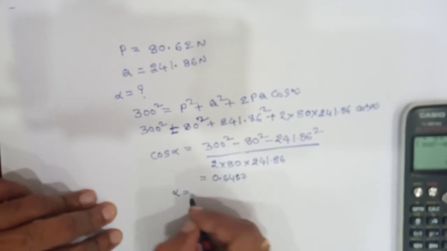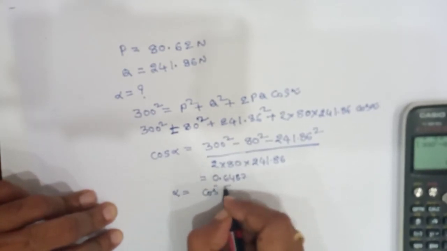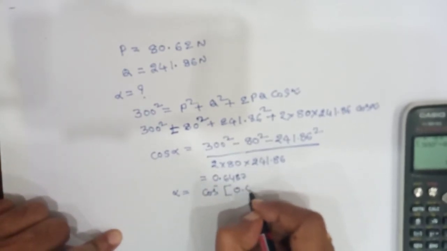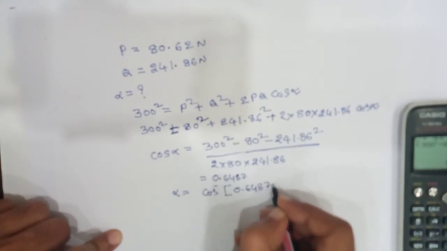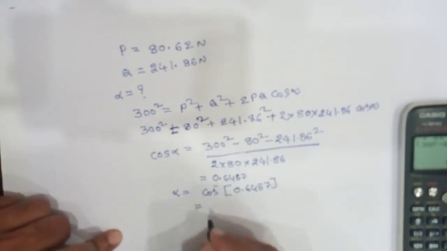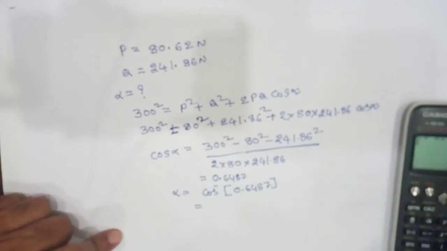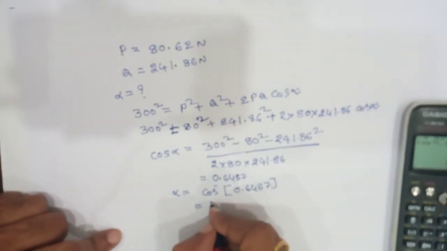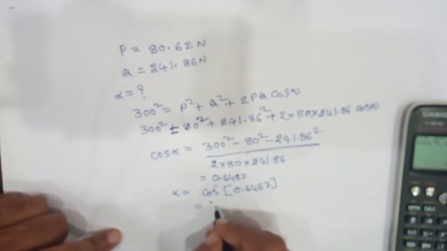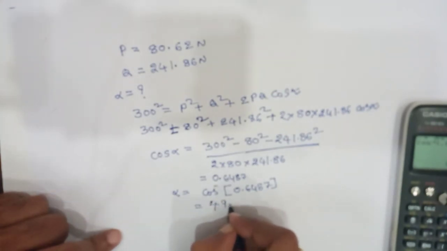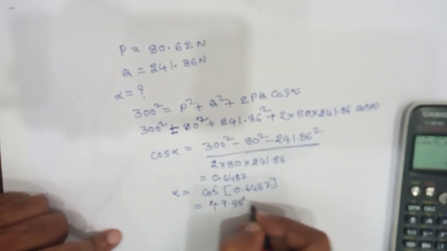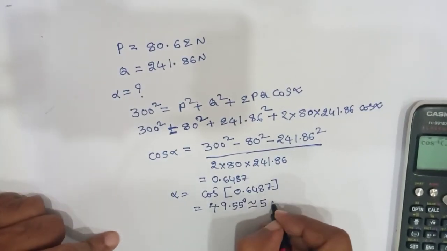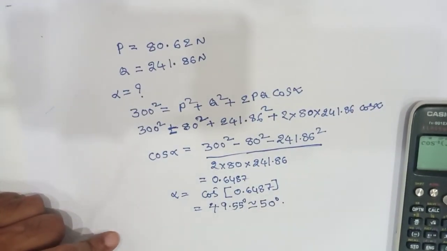alpha is equal to cos inverse of 0.6487, which is equal to 49.55 degrees, or approximately 50 degrees.